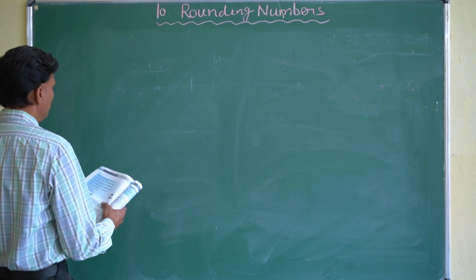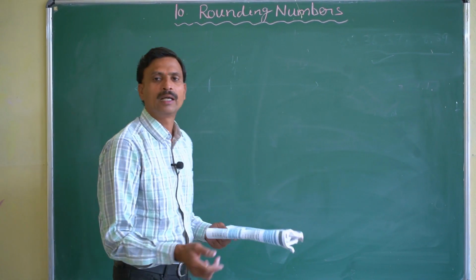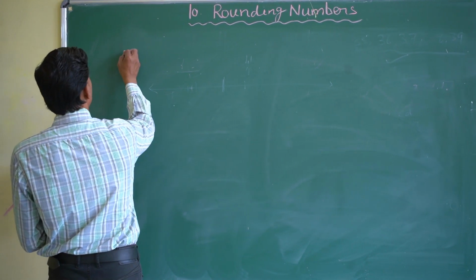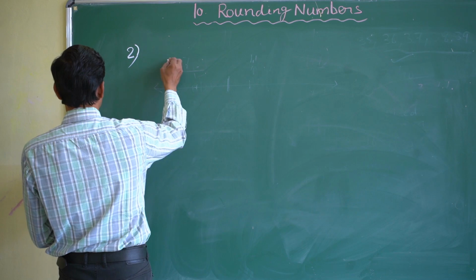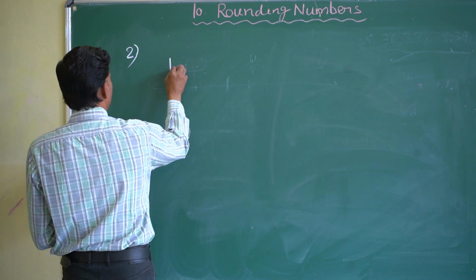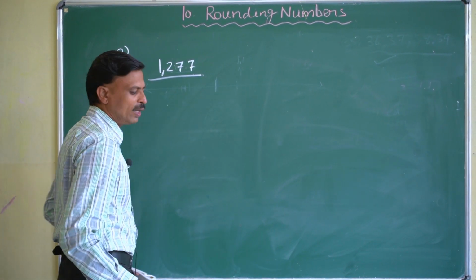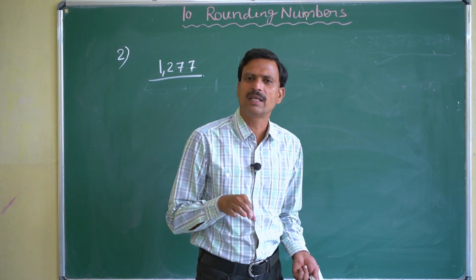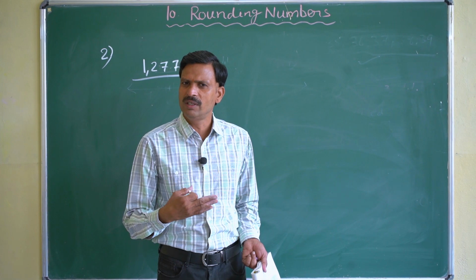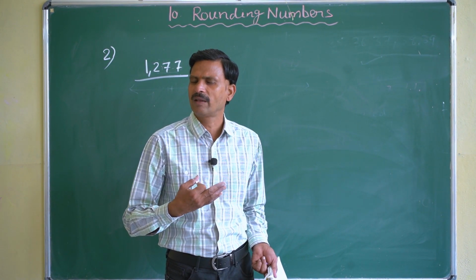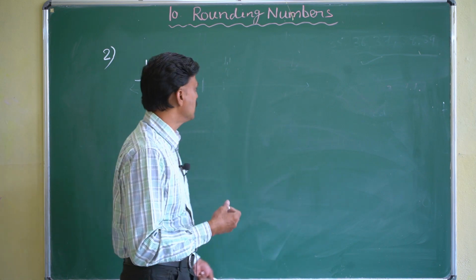Now the second question I am taking. In the second question, we have to round off to the nearest 100. Suppose the value is 1277. We have to round off 1277 to the nearest 100.